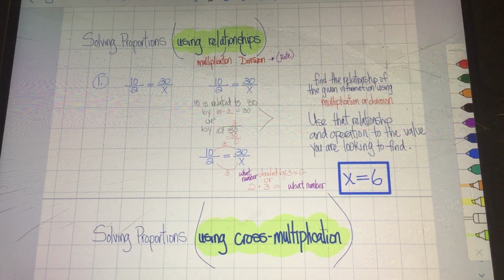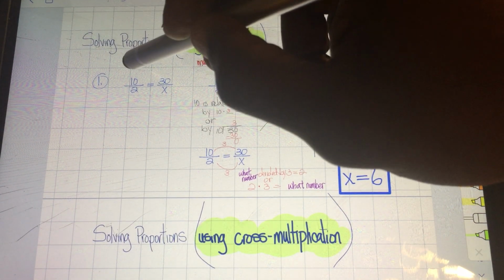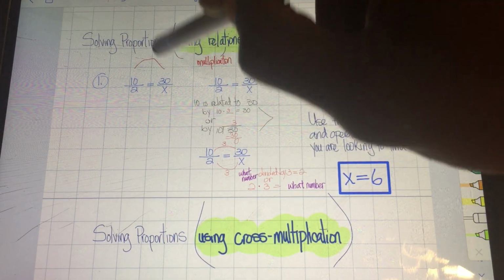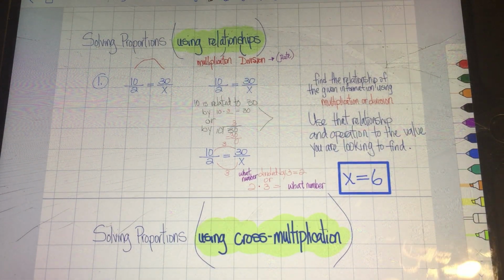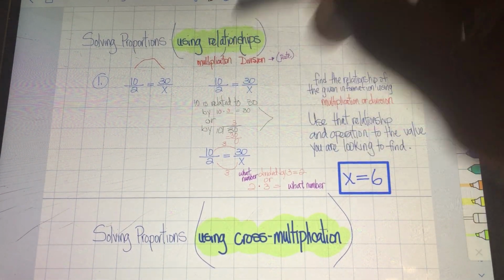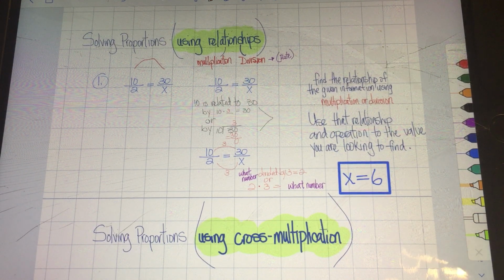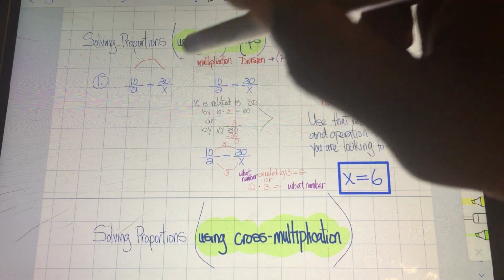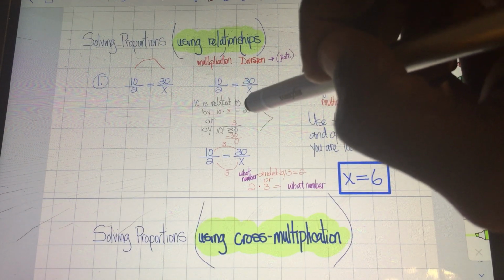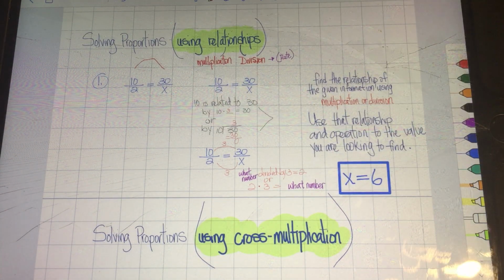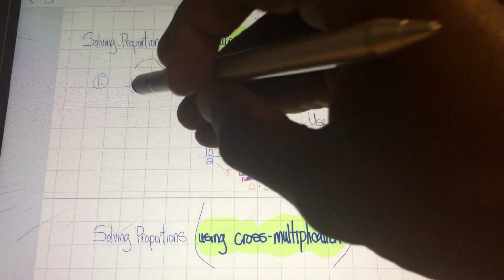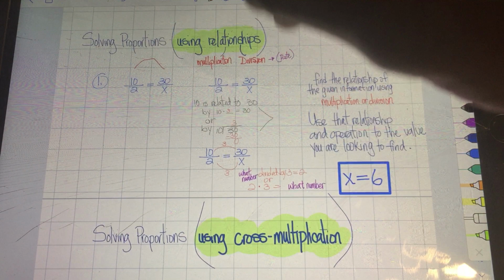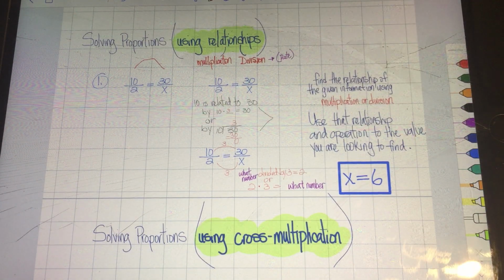So how do we go from 10 to 30, or from 30 to 10? Again, we're talking about multiplication or division. We can divide our 30 by 10 to see what the relationship is, or we could multiply 10 by a number if we know our multiplication facts to see how we would get to 30.